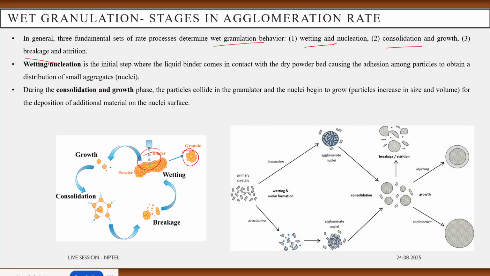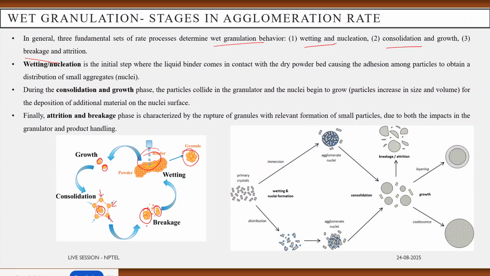In the second step they generally grow, and as they grow they also consolidate in such a way that the nuclei begin to grow as a whole in size and volume, through the deposition of additional particles onto the granule, and ultimately they form larger granules.